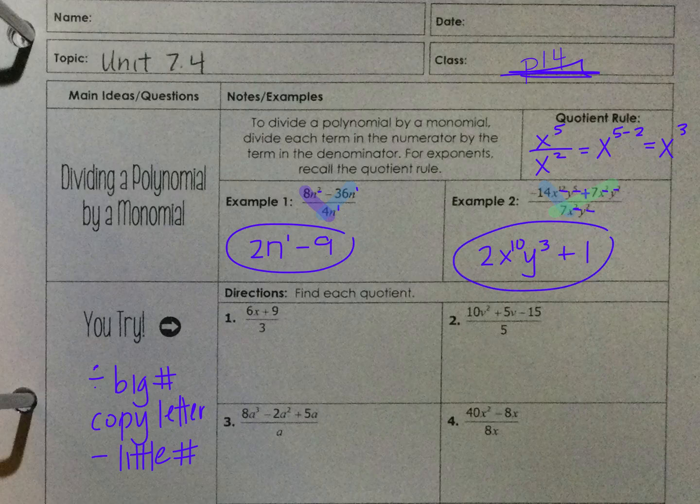All right, we're going to do a couple more examples. So 6x divided by 3. 6 divided by 3 is 2. Copy the x. There's nothing else to do. There's no little numbers.